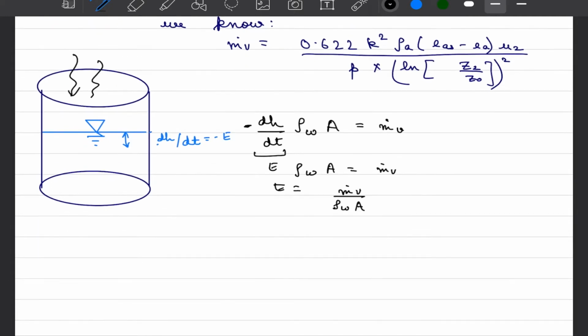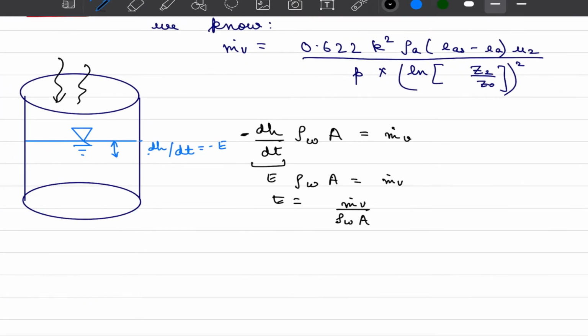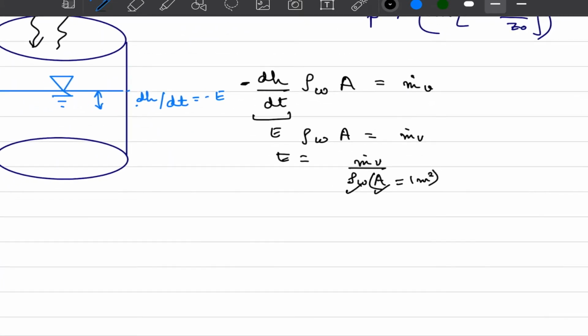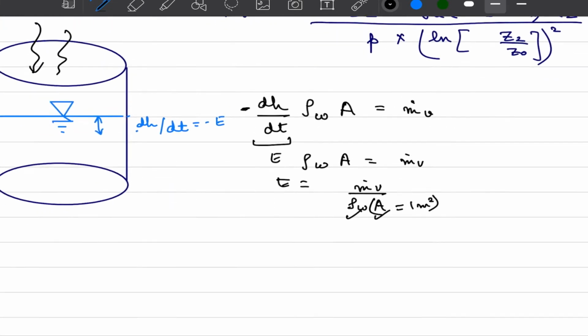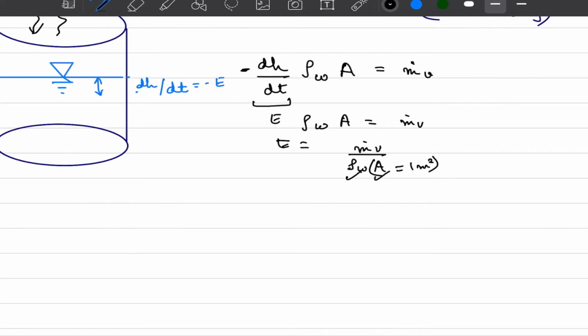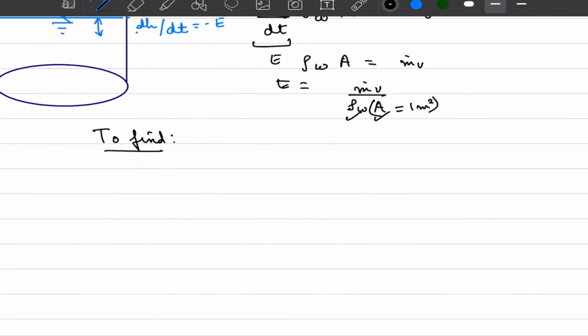To calculate E from this equation, we will also divide by rho WA, and do all the calculations for 1 meter square, since for any given area we can always extrapolate to the required area on which we have to perform the calculation. Now let us see what all the things are that we know. We need to find the following parameters or variables before we plug values into this equation.